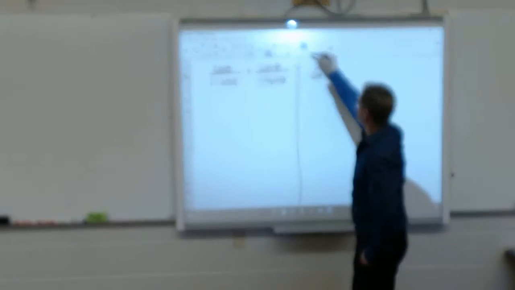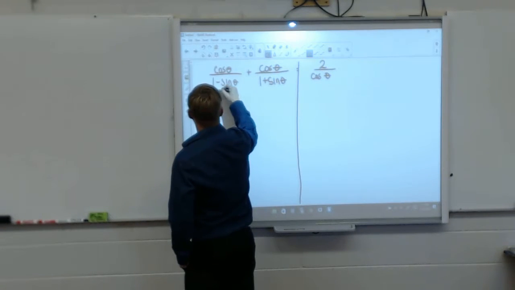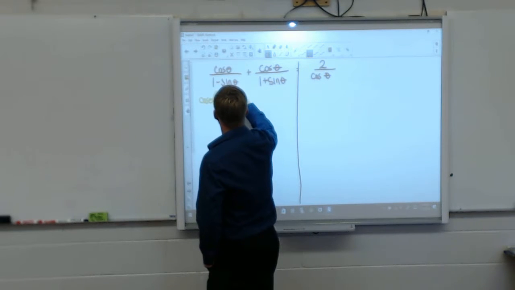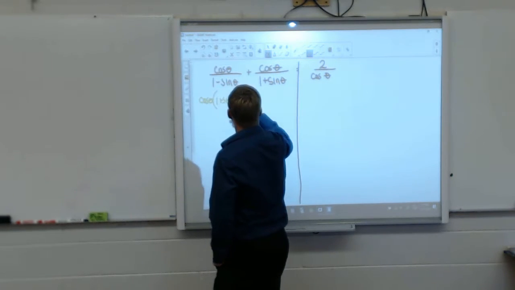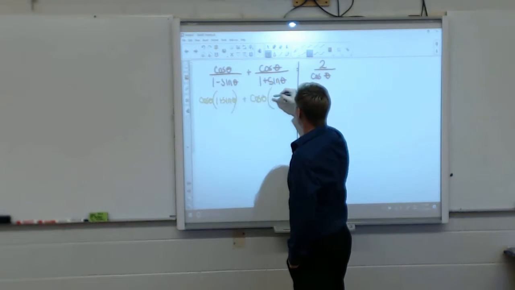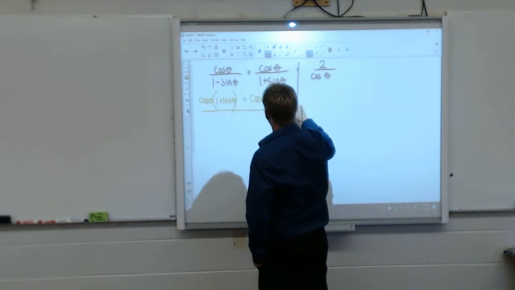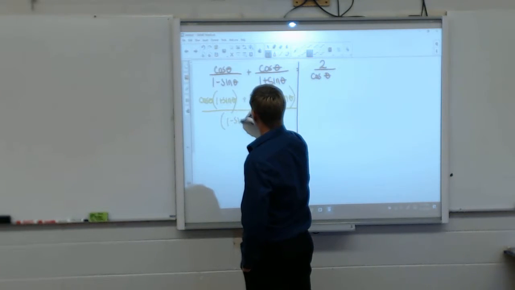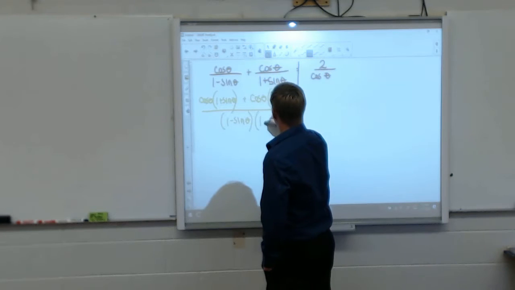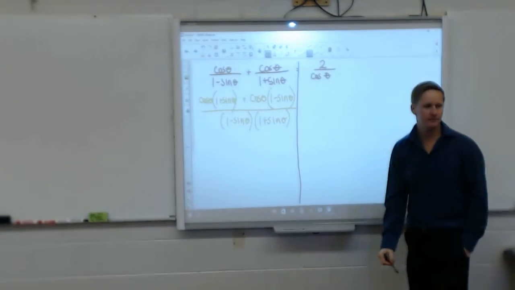Excellent work. Absolutely. Okay, so I have cos theta here, and that'll be times 1 plus sine theta. Add cos theta here times 1 minus sine theta. And all of that is over 1 minus sine theta, 1 plus sine theta. Just like that, right?